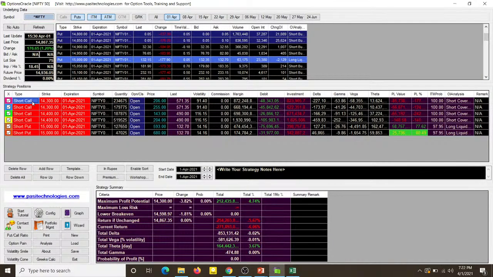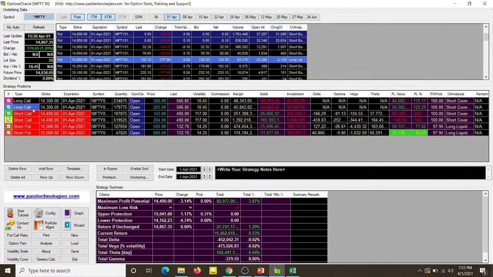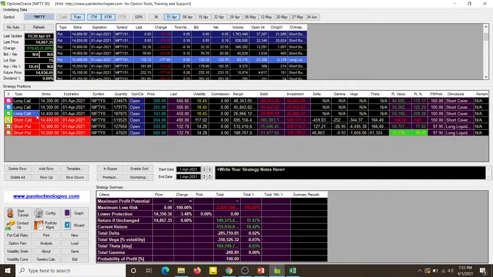This is the first day that we are doing. We'll do this in sequence. This is long call. This is long call. This is long call. This is long call. Now if you see the maximum profit potential, it says infinity, right?